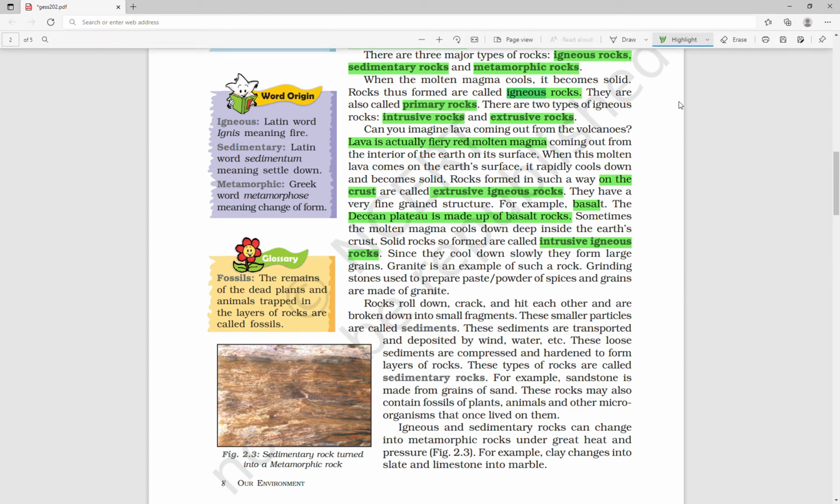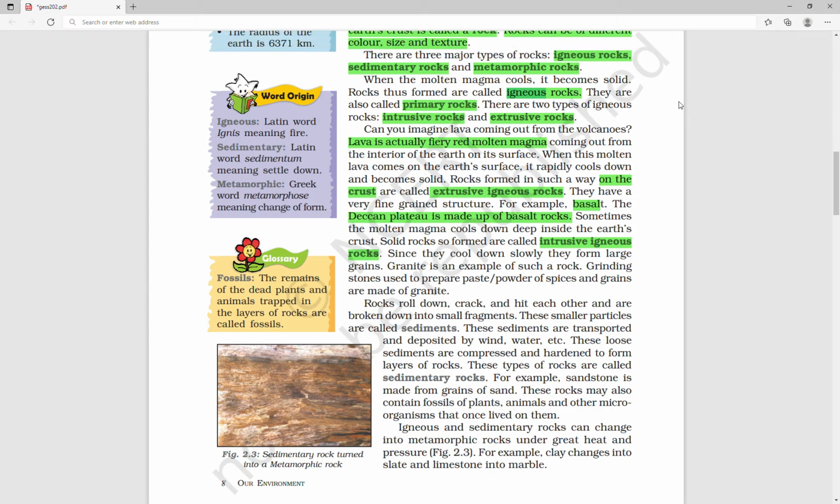That's an easy method. Since they cool down slowly, they form large grains. Granite is an example of such a rock. Grinding stones used to prepare paste or powder of spices and grains are made of granite.